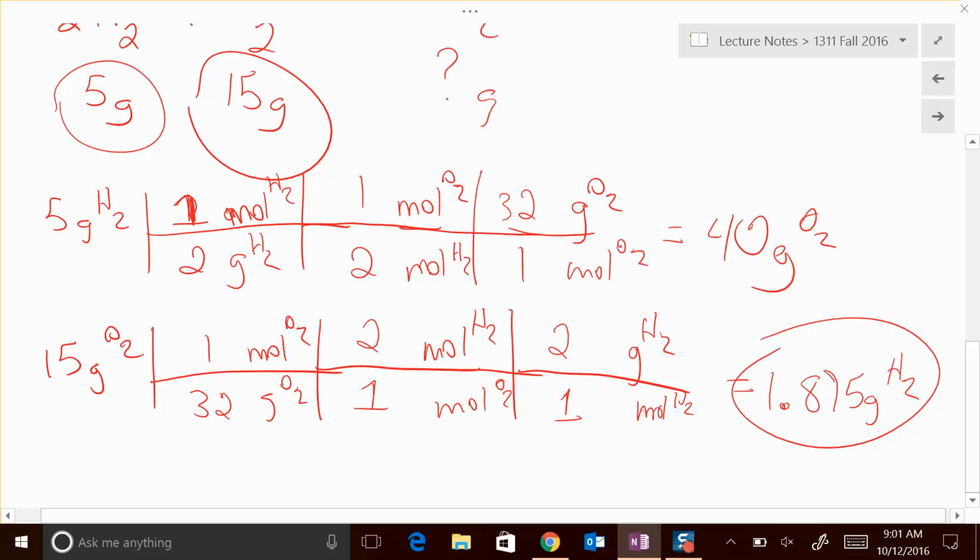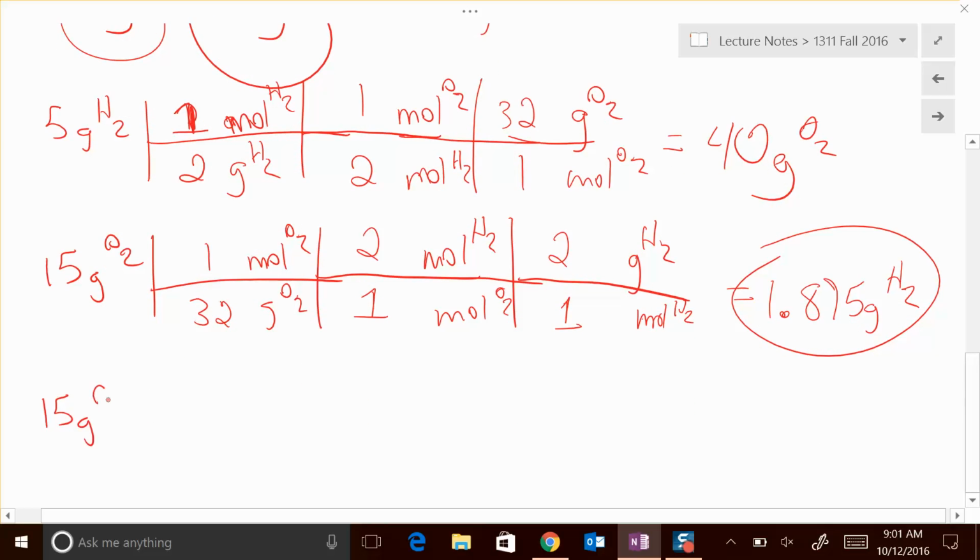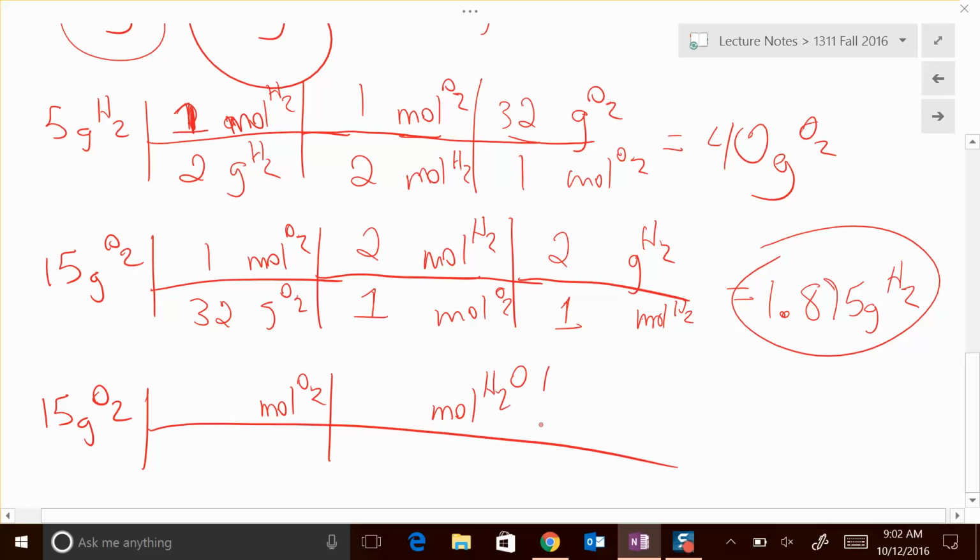So my final equation to answer the question would have to start with the 15 grams of O2 because that's the limiting reagent. Grams of O2 to the moles of O2 to the moles of H2O to the grams of H2O. Grams of O2, moles of O2, moles of H2O.